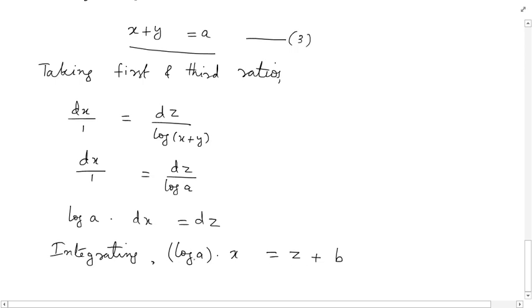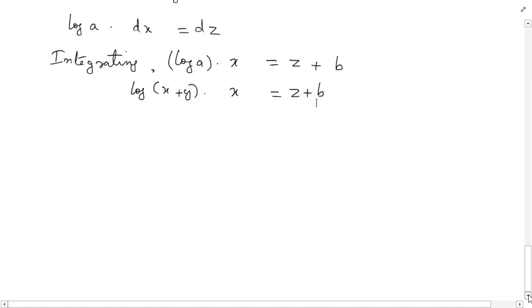Now substitute back for the value of a here, so that you can write log (x plus y) into x equal to z plus b, or, not z, it is x into log (x plus y) minus z equal to b. So this is the second solution of the auxiliary equation.